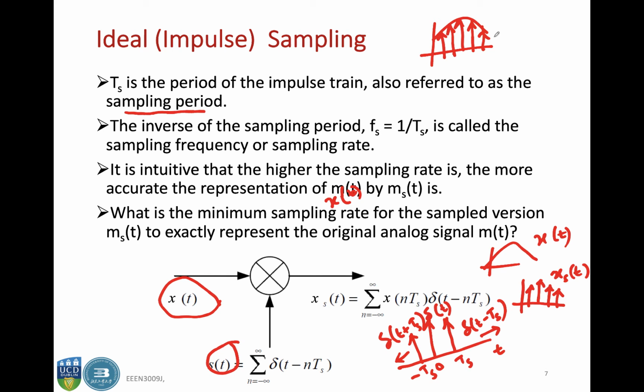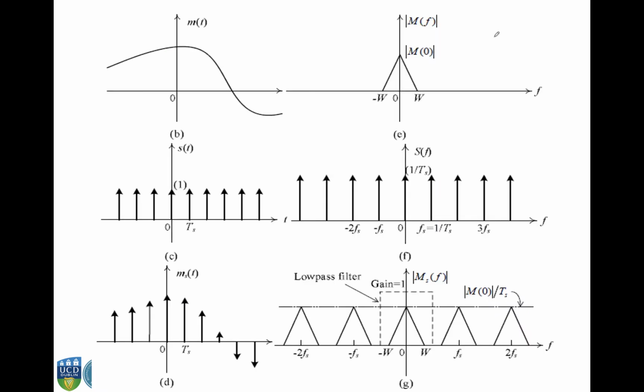Now the question arises: what is the minimum sampling rate for the sampled version to exactly represent the original analog signal? Let's try to find the answer to that question through this slide.